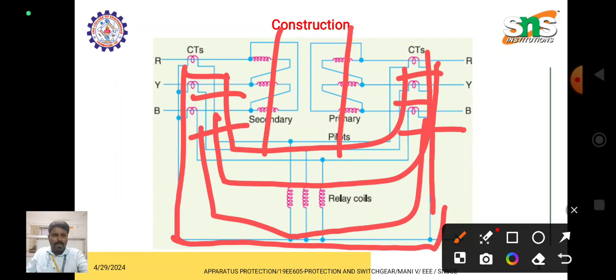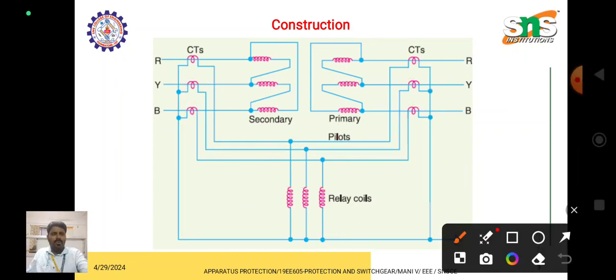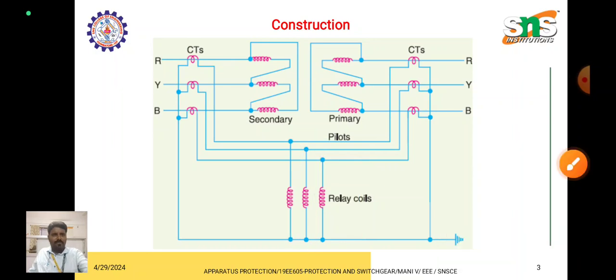Now the R phase is connected with ground through an operating coil, the Y phase is connected with ground through an operating coil and the B phase is connected with ground through an operating coil. The operating coil is nothing but a relay coil.